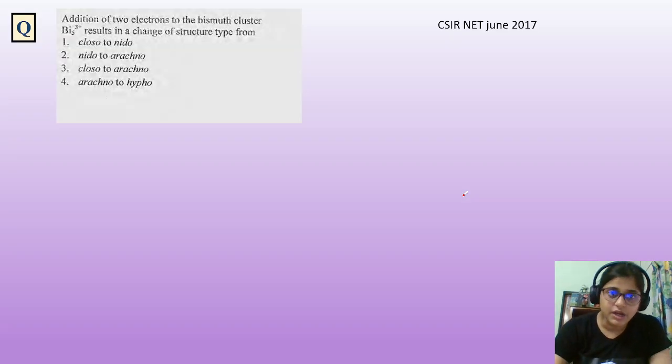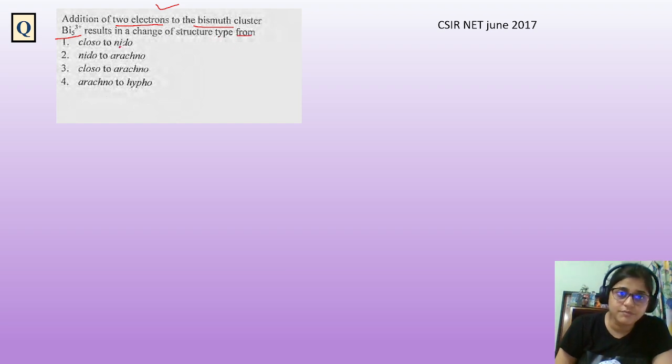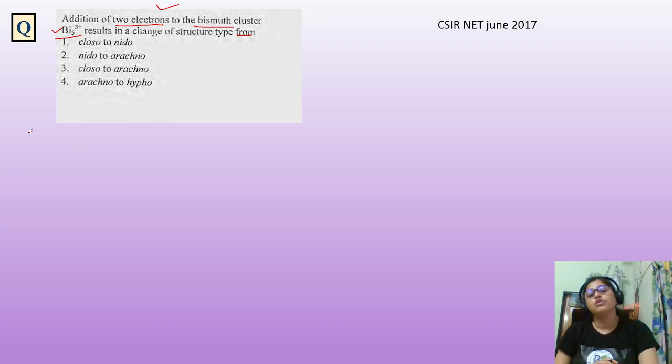Fine. So now take that example, that addition of 2 electrons to the bismuth cluster results in a change of structure type from what to what. So they are just adding 2 electrons to the bismuth cluster. Let's find out what the structure was before addition. So bismuth is in which group?